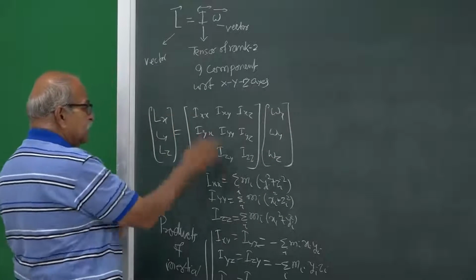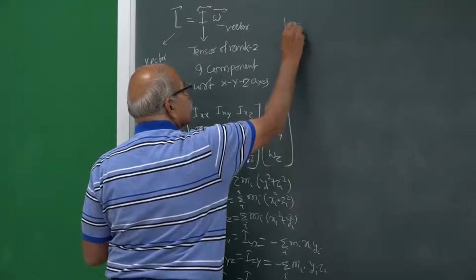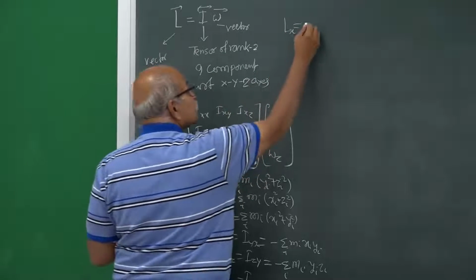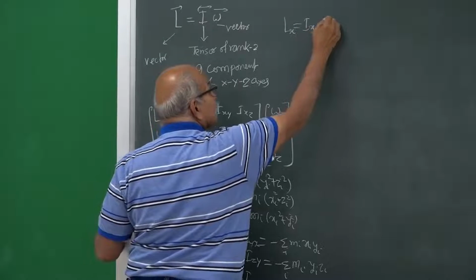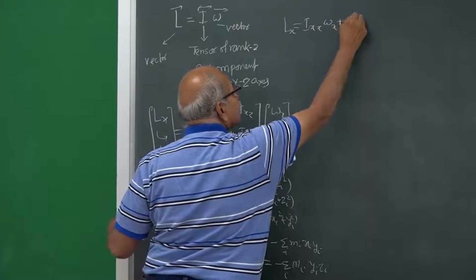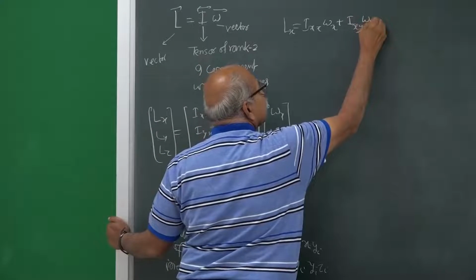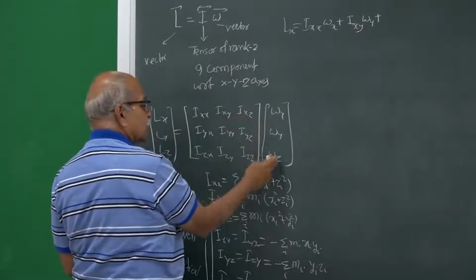And the meaning is that L x is equal to matrix multiplication, this into this plus this into this plus this into this, that is I xx omega x plus I xy omega y plus I xz omega z.